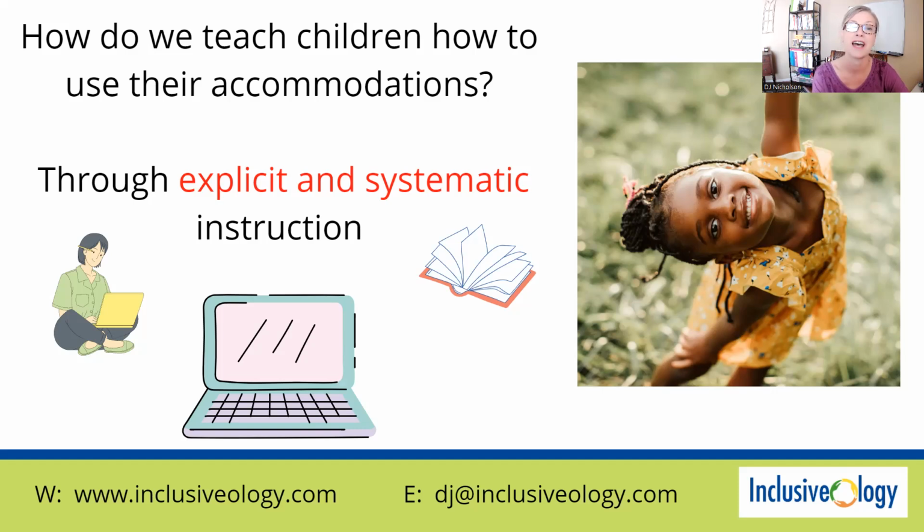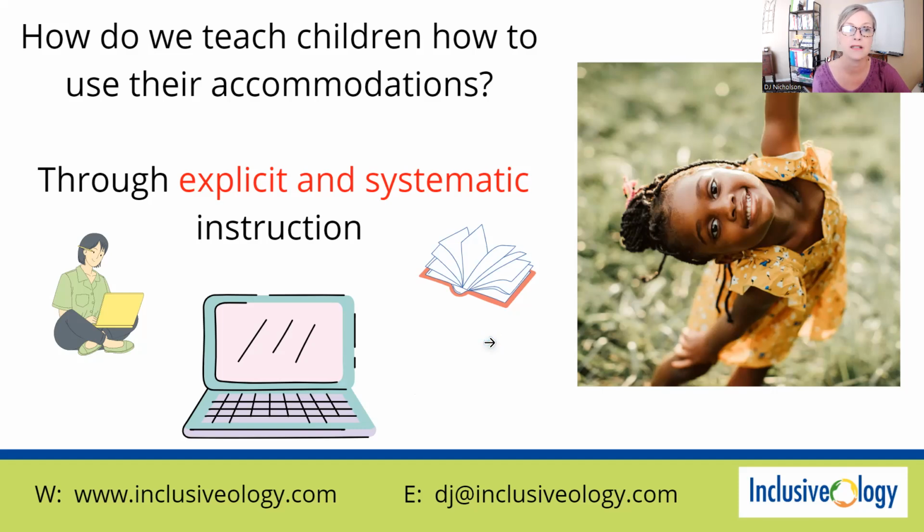And so what I mean by that is that we, as the educators, are modeling for children how to use the accommodation, and then we're working alongside them, guiding them through how it feels to use that accommodation, and then we're releasing them to use it independently, and giving them feedback and support as they start to use their accommodation and start to feel more comfortable with it.